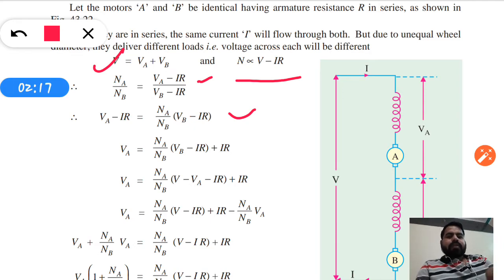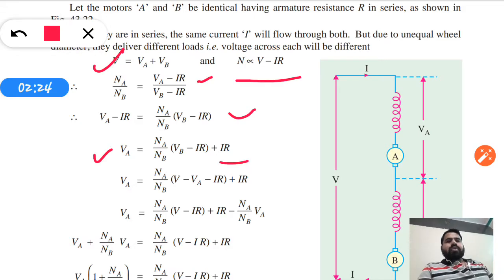So VA will be this expression plus IR. So VA equals NA upon NB times the quantity, and what is VB? Basically VB is V minus VA. So put the value of VB, which is V minus VA minus IR, plus IR.